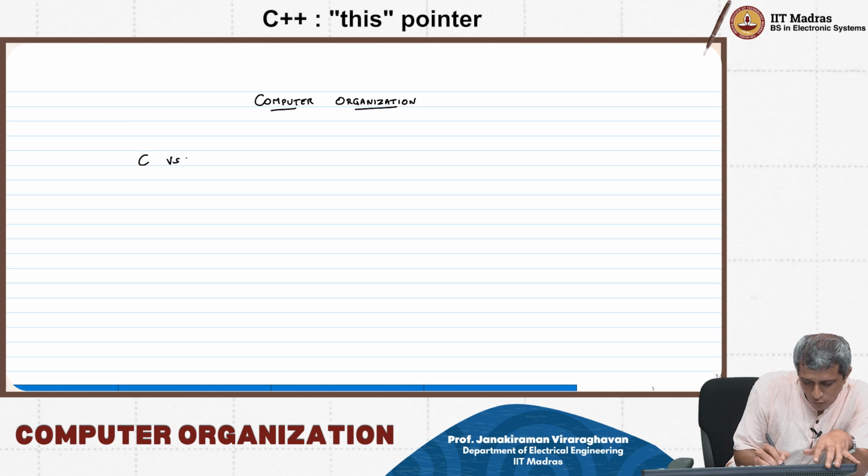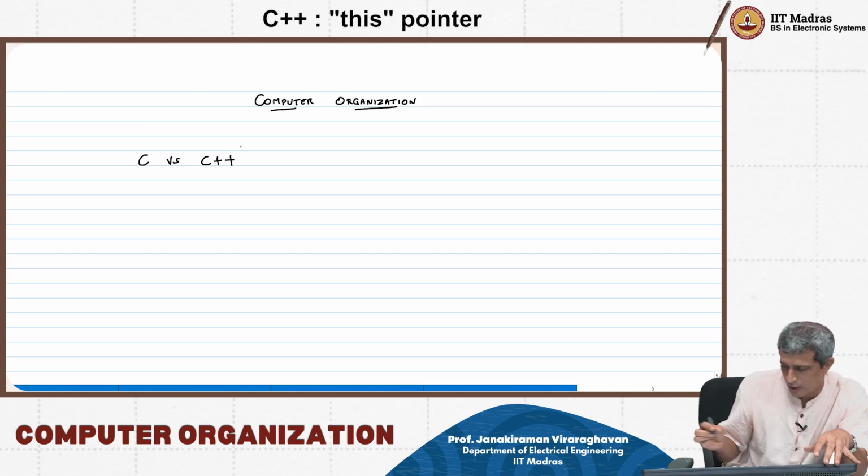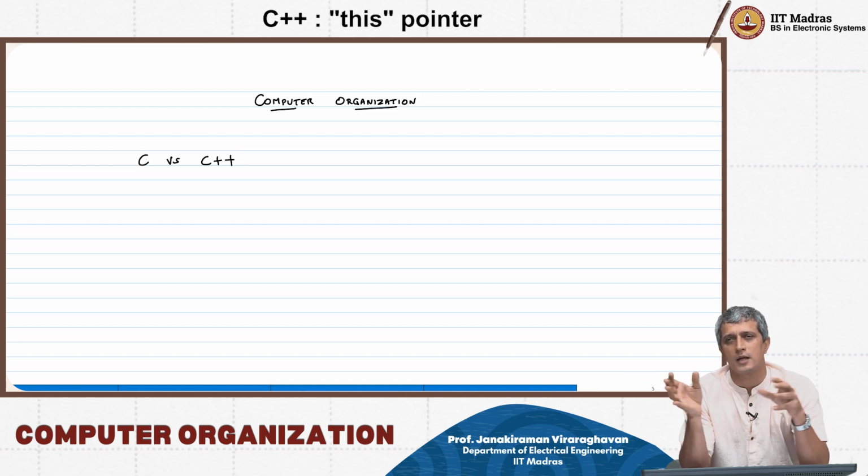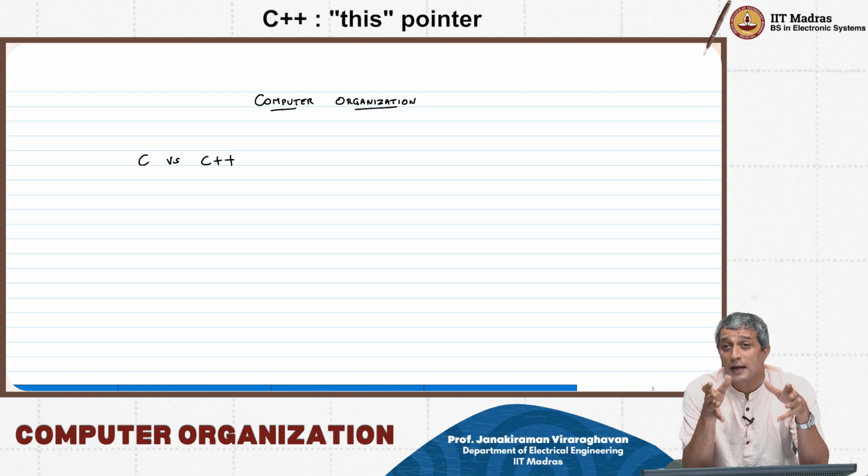So C versus C++. Now, C++ is an object-oriented language, so it is very different from C because it's more a way of thinking rather than a programming language.